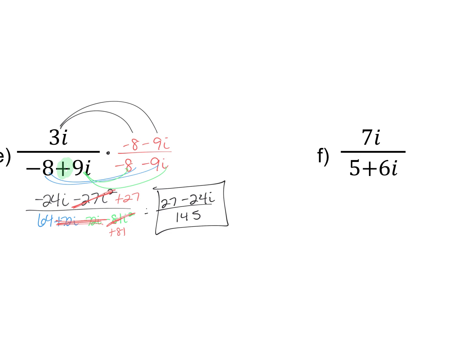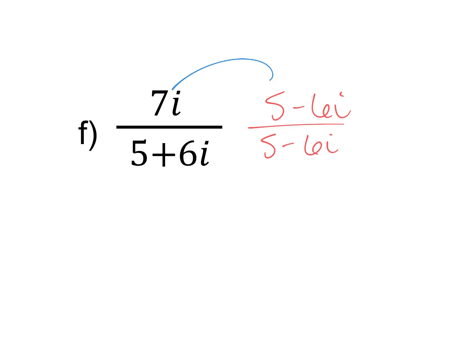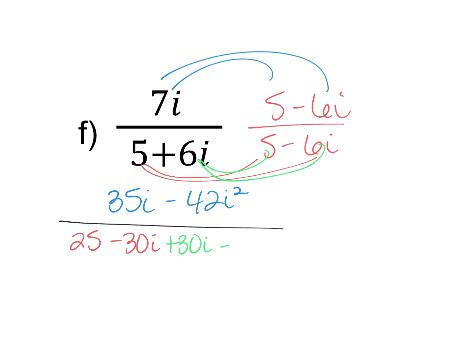Okay, let's do another one. We've got multiply by the conjugate, 5 minus 6i. So go ahead and distribute. 35i minus 42i squared over, let's multiply this out, so that would be what? 25 minus 30i, and the last piece, positive 30i minus 36i squared.